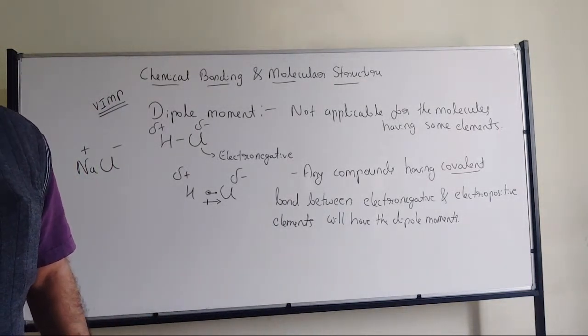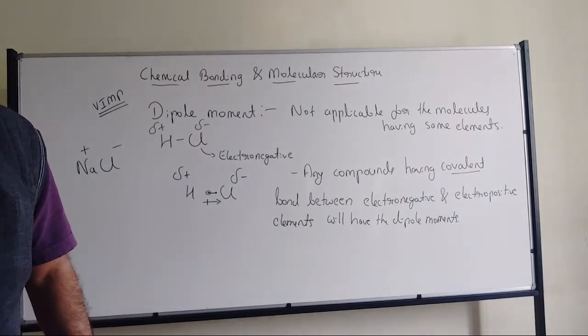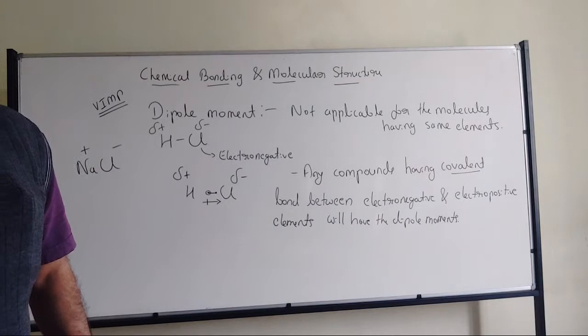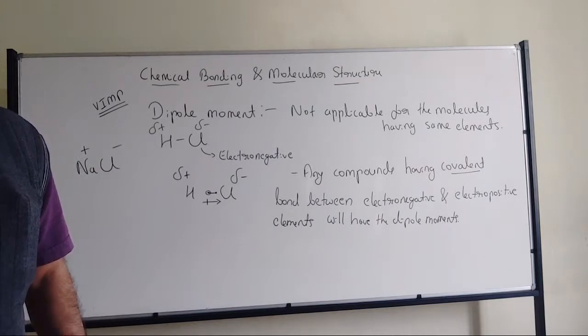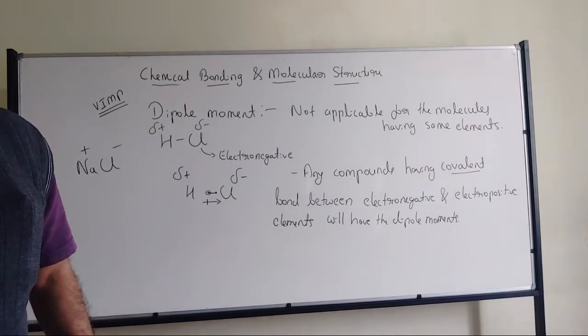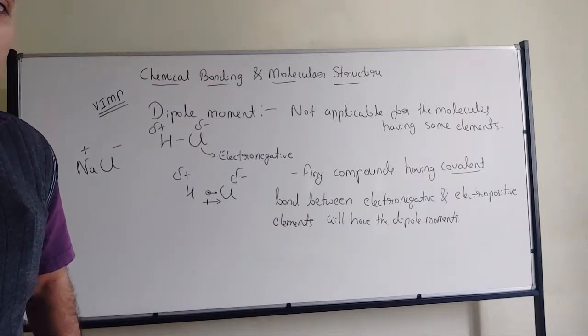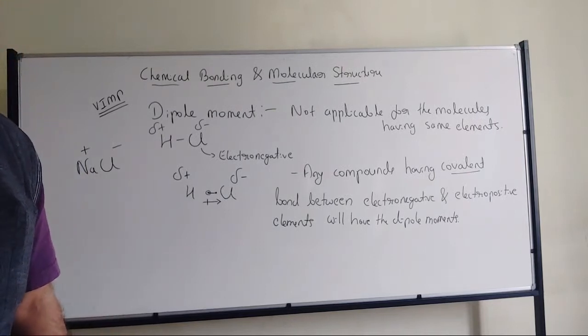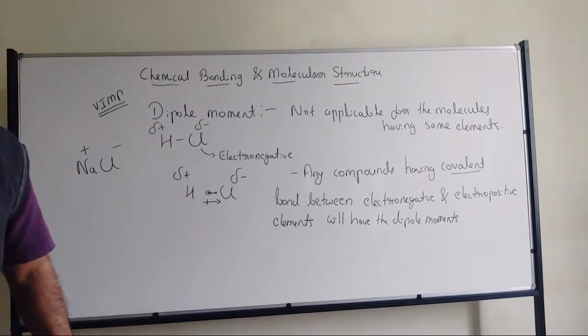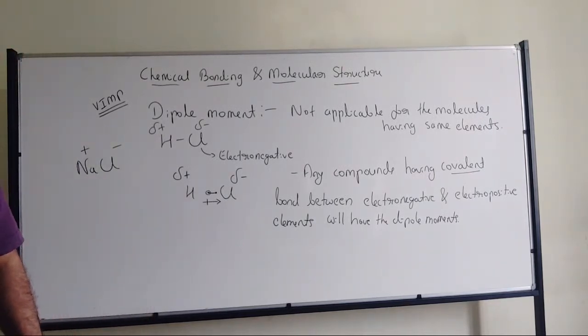So which type of compound will have the dipole moment? Those compounds which have elements that differ in their electronegativity. Those type of compounds will form covalent compounds, and those will show the dipole moment. All of you have understood? Any doubts? Shall I move to the next in dipole moment only?